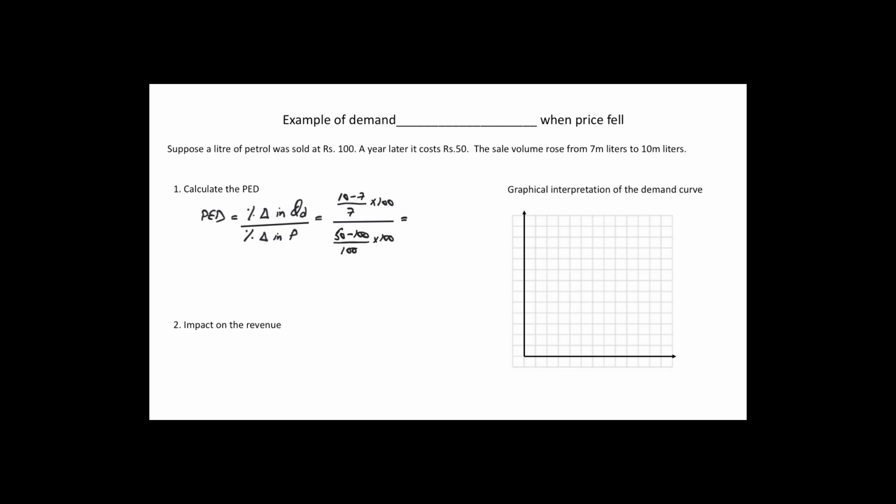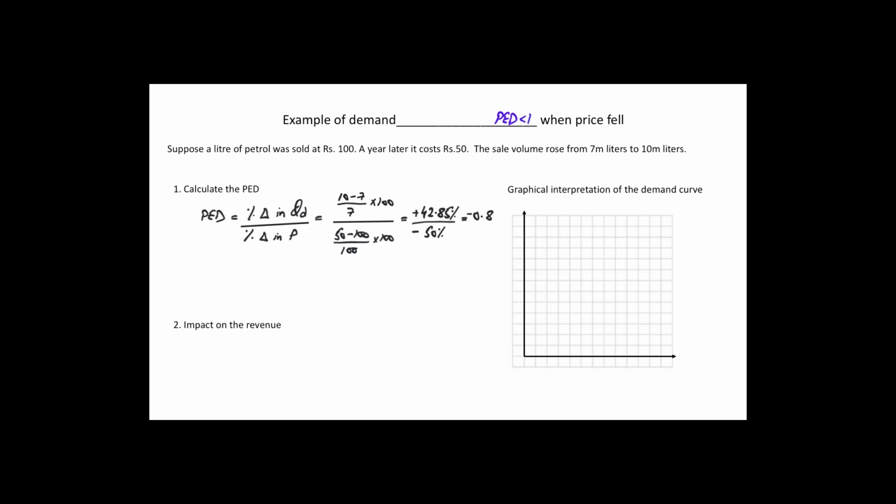You will get the percentage changes. And so what we get is 42.85 is the rise in the quantity, and the prices have fallen down by 50%. So as a result, what we get is 0.8 minus, and obviously minus we ignore, so it's 0.8, and 0.8 is less than 1.